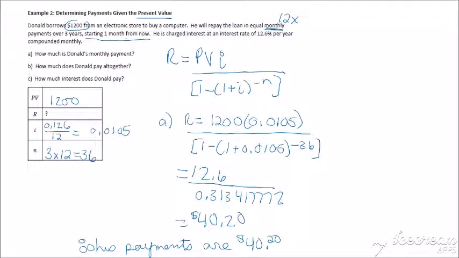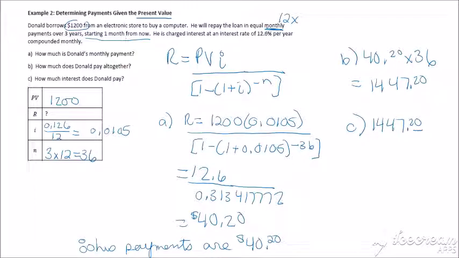So if he's actually putting 40.20 in, for B, how much does he actually pay? Well, he pays 40.20 and he pays that 36 times. When we multiply that, we can see that he actually paid $1,447.20. But here's the thing. He paid $1,447.20, and the laptop only cost $1,200.